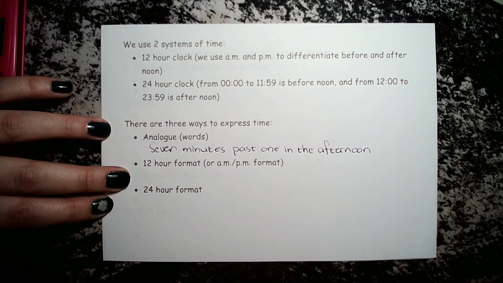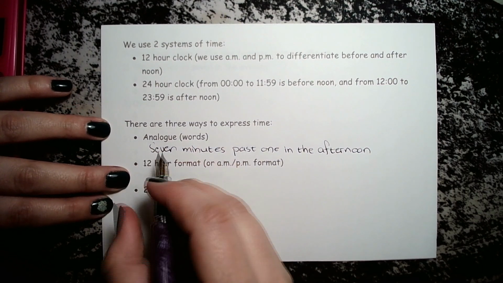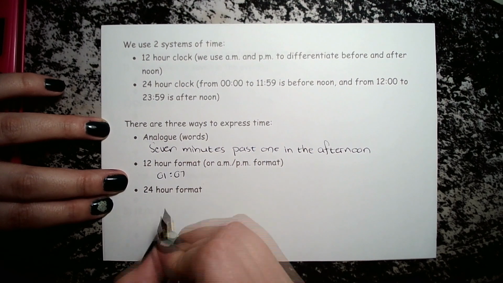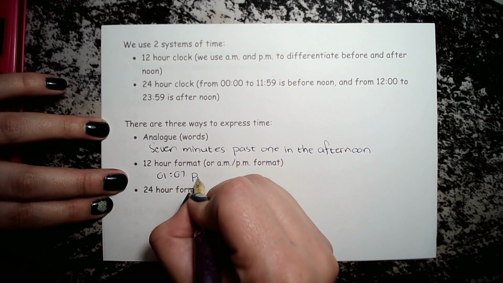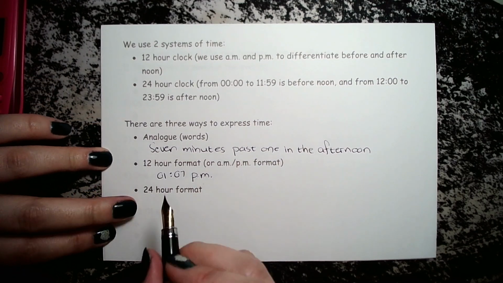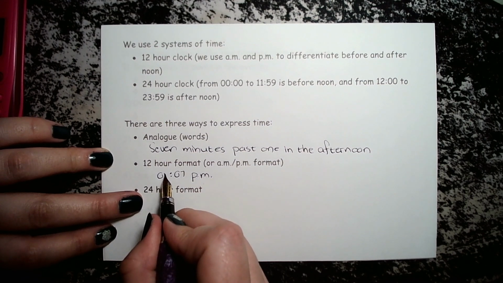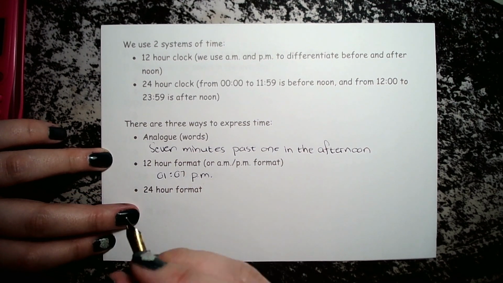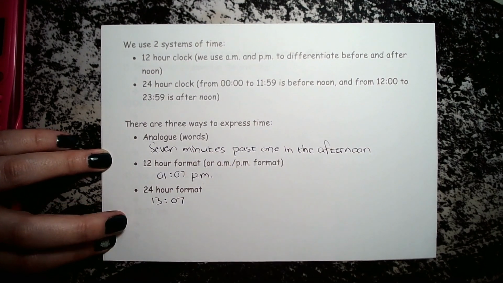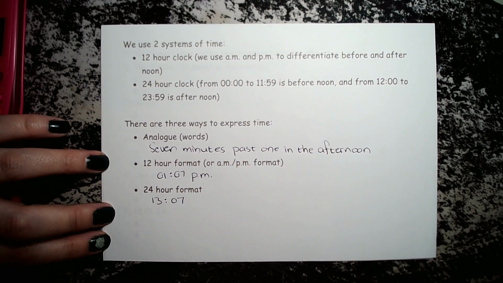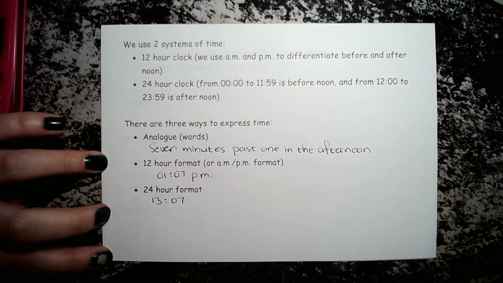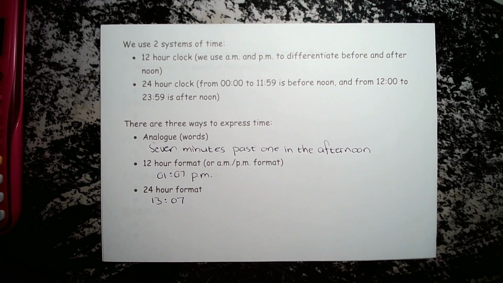In the 12-hour format, it would be 7 minutes past 1 in the afternoon. Now in the afternoon would be PM. In the 24-hour format, in order to get that 1 in the afternoon, we add 12. So 1 plus 12 gives us 13:07. No AM, no PM, no nothing for the 24-hour format. If you add those, your teacher will very possibly subtract marks or not give you any marks for this question at all.